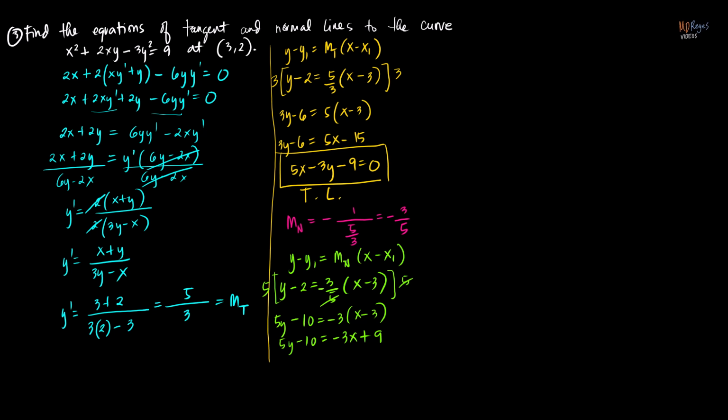This time, I'll transpose negative 3x plus 9 to the left so that 3x would be positive. And then we'll have 3x plus 5y. Transposing positive 9 to the left, it will become negative 9. Combining it with negative 10, we'll have negative 19 as a constant, equals 0. This is the equation of the normal line.